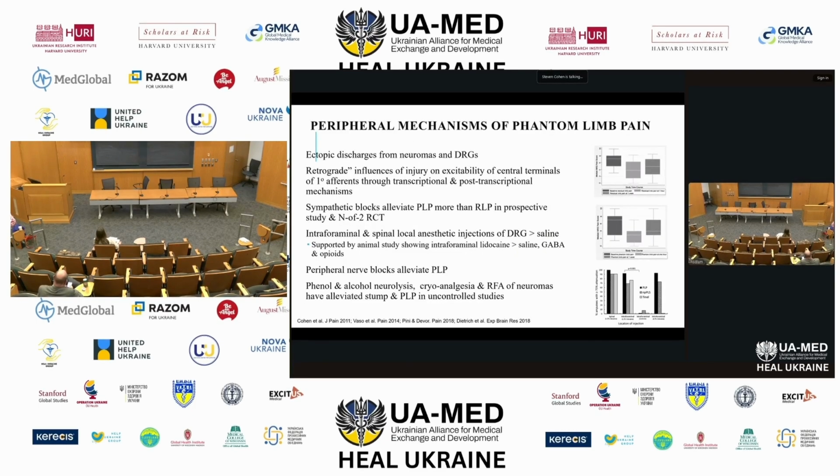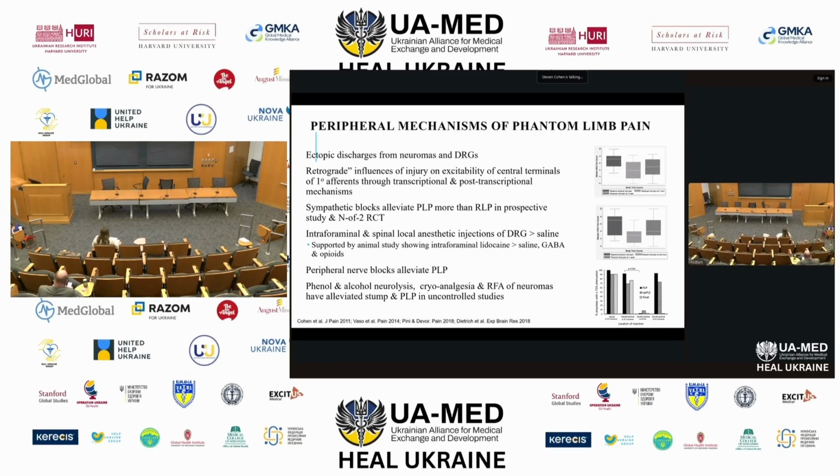As I said, we know which nerves get cut with amputations: the femoral nerve, the sciatic nerve, different nerves of the brachial plexus. There are retrograde influences of injury on excitability of central terminals. We've done work here with sympathetic blocks, i.e. sympathetically maintained pain, showing that they alleviate phantom pain more than residual limb pain.